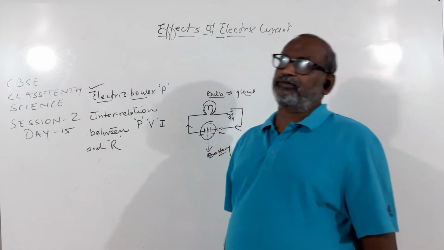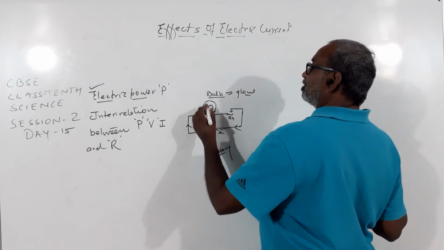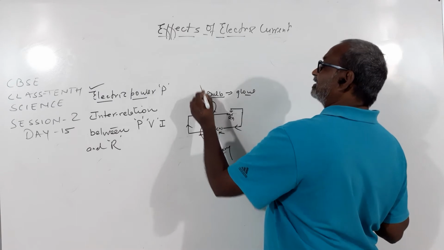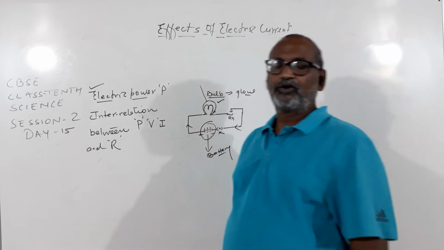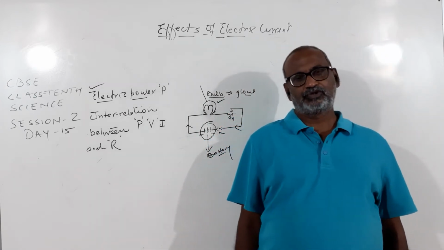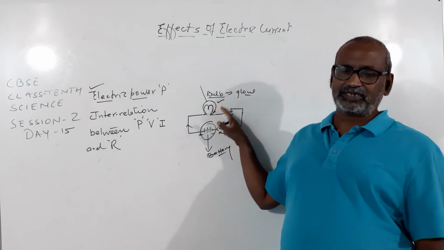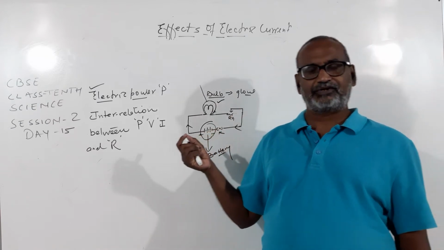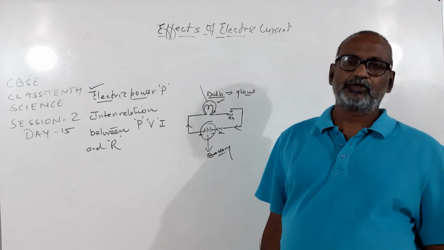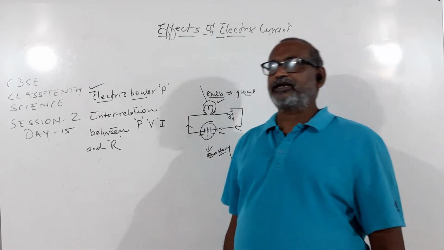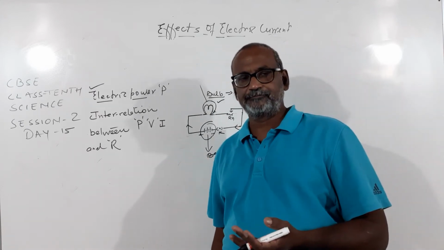You can also define it as the quantity of the electric energy consumed by an electric appliance in unit time. So you can define electric power in a number of ways.